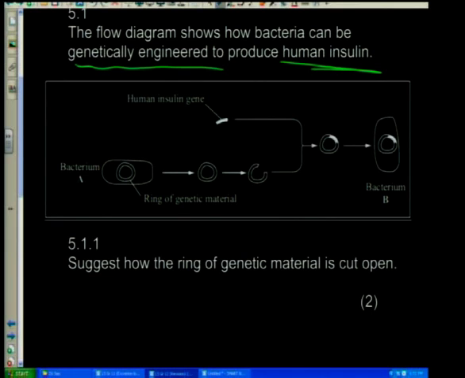So they're giving you a bacterium A, a ring of genetic material. You see there's a ring of genetic material here. Something has happened. We've cut some part out, and we take a human insulin gene. And as you can see from this diagram, this has been inserted there. And then we have this.